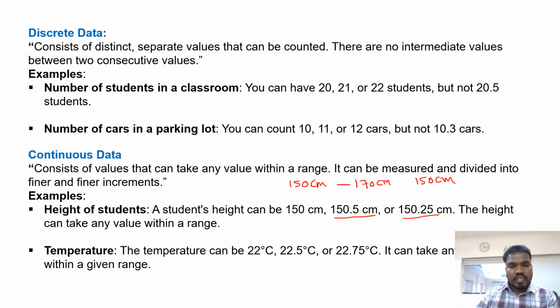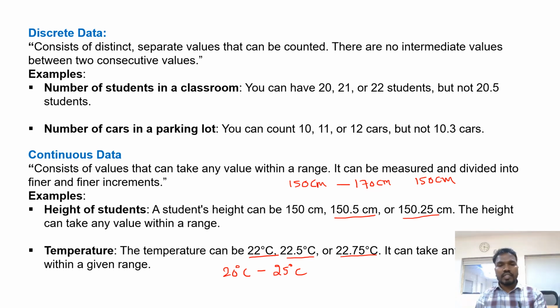Similarly, if I want to measure temperature, let's say the range starts from 20 degrees centigrade to 25 degrees centigrade. I may find the temperature 22 degrees centigrade, 22.5 degrees centigrade, 22.75 degrees centigrade, right? So now I think you understood the difference between discrete data and continuous data.